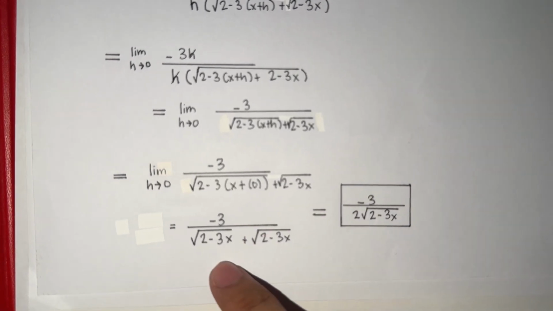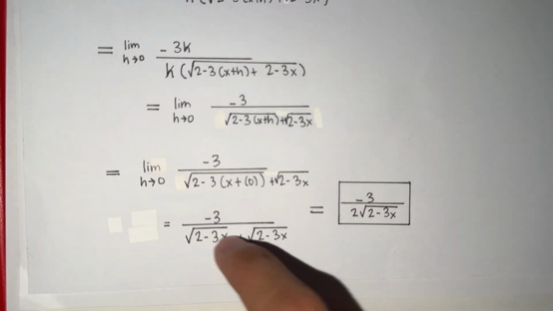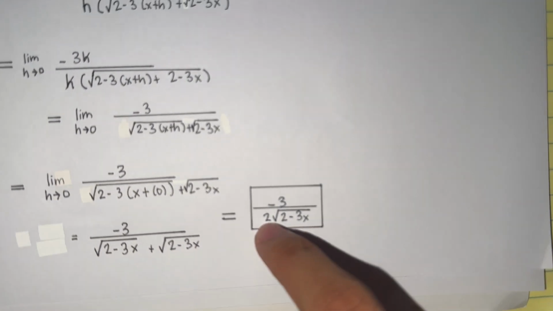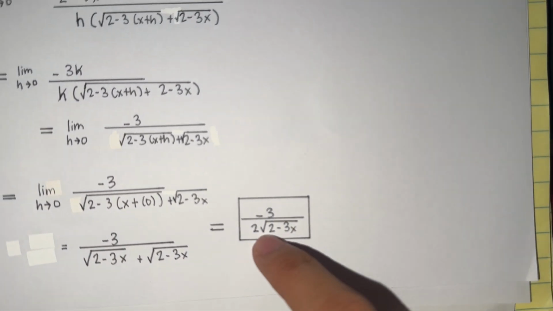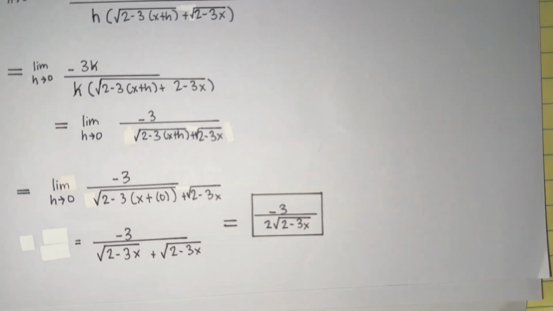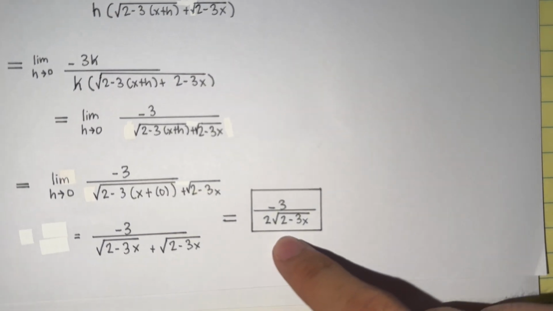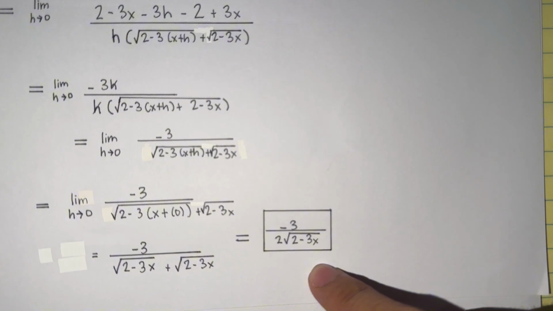So this can be combined. It becomes 2 square root of 2 minus 3x. Now this cannot be simplified any further, so this is now our final answer.